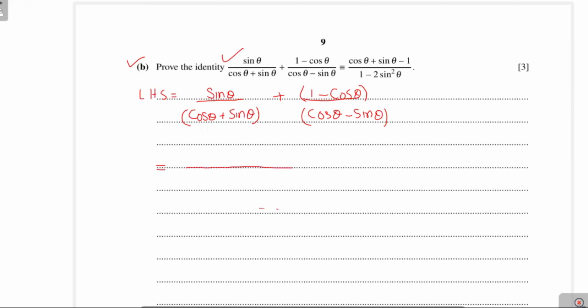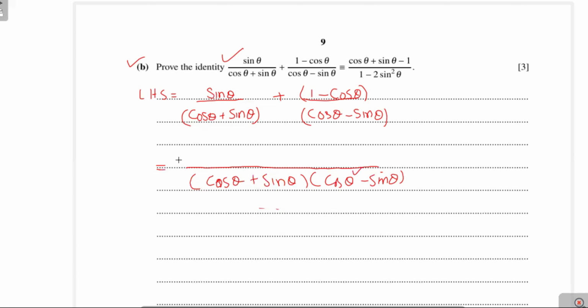Now to make the denominator the same, we write it as (cos theta plus sin theta) into (cos theta minus sin theta), and when we divide this expression by (cos theta plus sin theta), we get (cos theta minus sin theta).